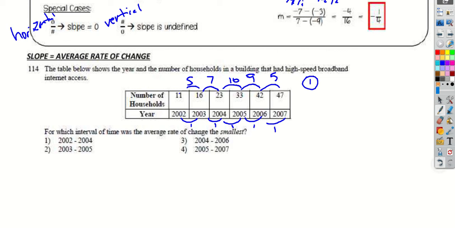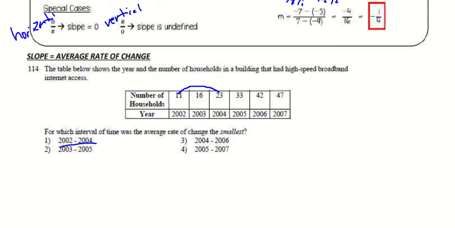Now I got to be careful here. So see how we counted by 1 every year? This first interval has 2. So look at 2002 to 2004. So that's actually going from here to here, right? This is an increase of 12, but it's actually over 2 years. So you can think about it in terms of the change in y, right?